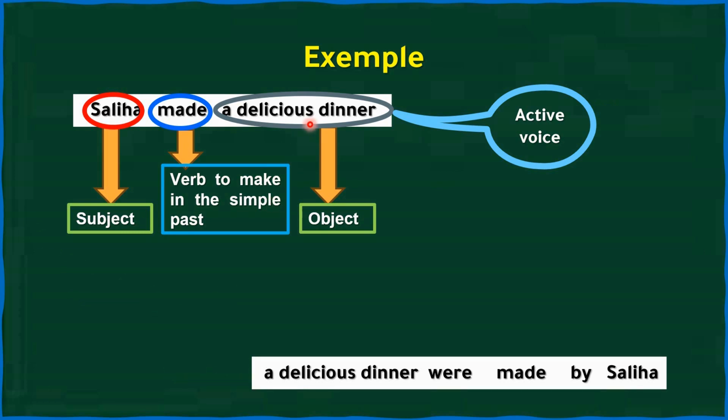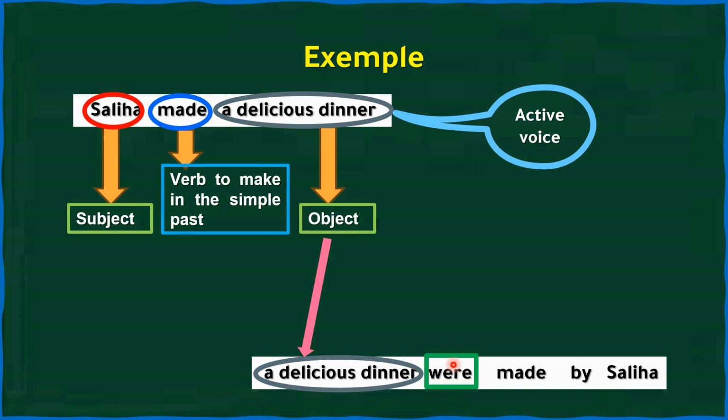Okay, so the object takes the place of the subject and the subject takes the place of the object. There is a kind of change. Good. In the passive voice we always add the verb to be.